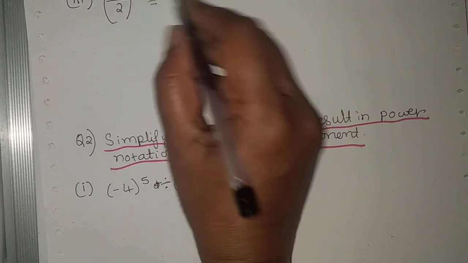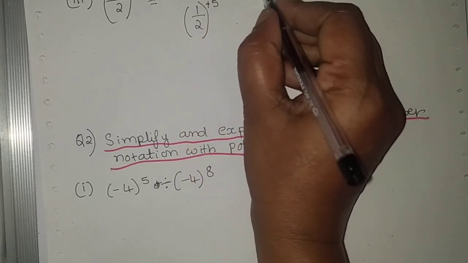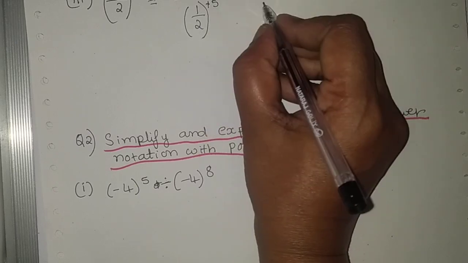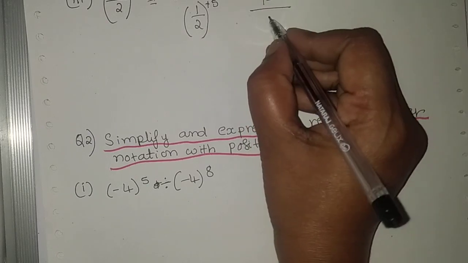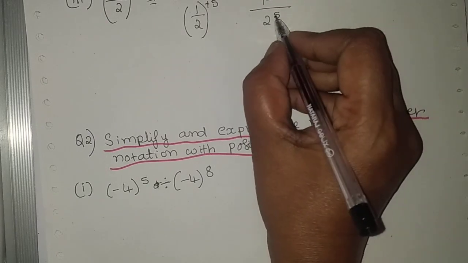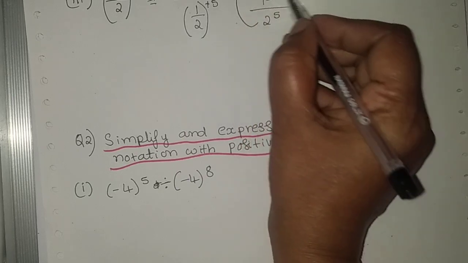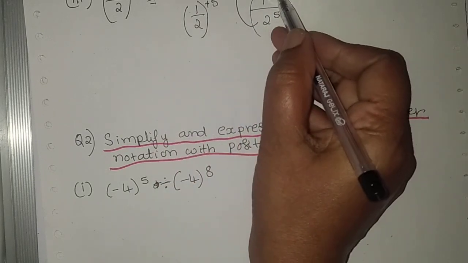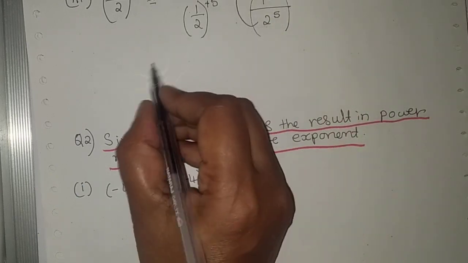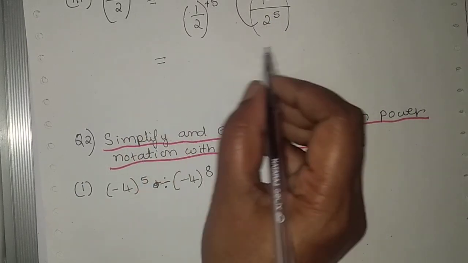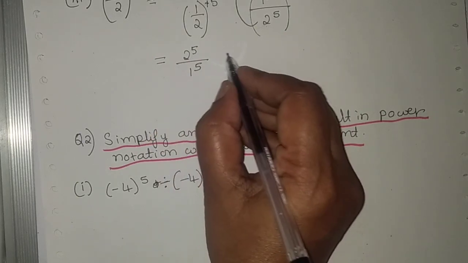To the power of minus 5 becomes plus 5 here, which is equal to 1 by, this power comes inside the bracket, means 1 to the power of 5, then 2 to the power of 5. Further simplifying, since this is 1 by 2 in the denominator, 2 goes to the numerator. Then we can rewrite as 2 to the power of 5, and 1 to the power of 5 remains as it is.